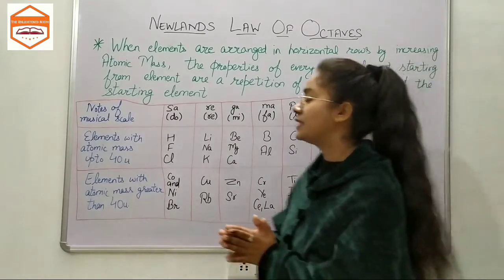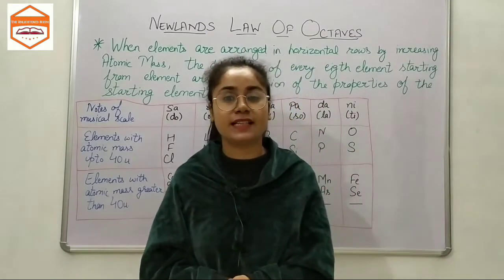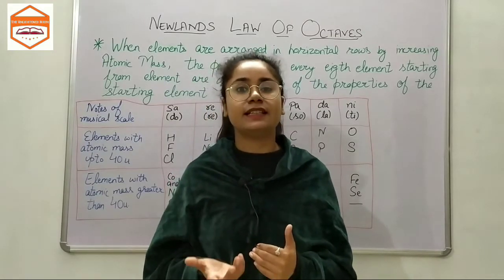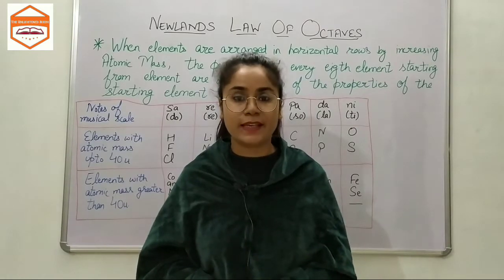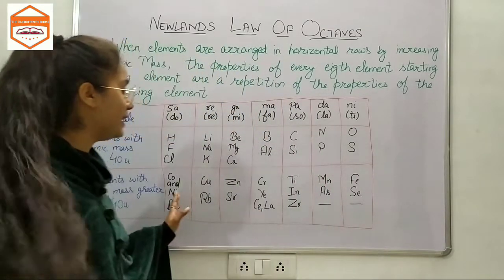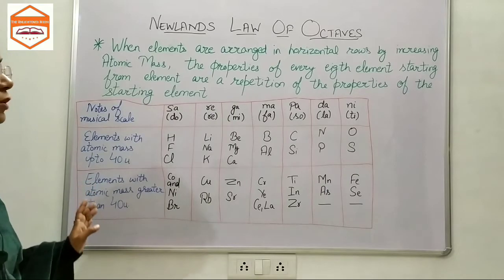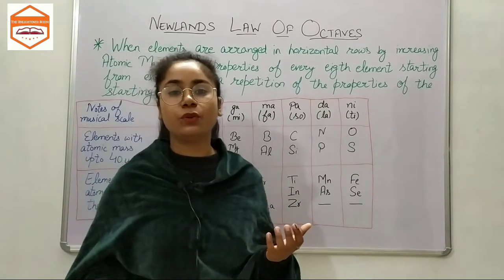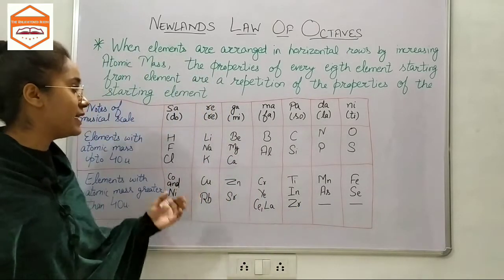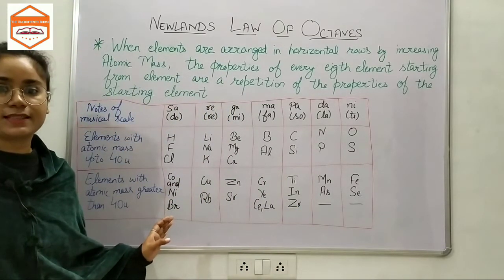So this was its third limitation, and the fourth limitation was that when he discovered this idea, noble gases were not known. As you can see, there is not a single noble gas here. But when people learned about noble gases, those noble gases could not fit in this table.